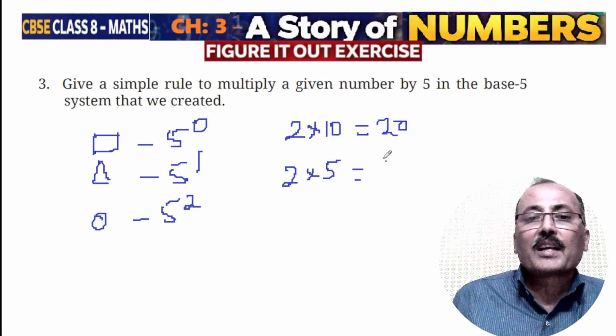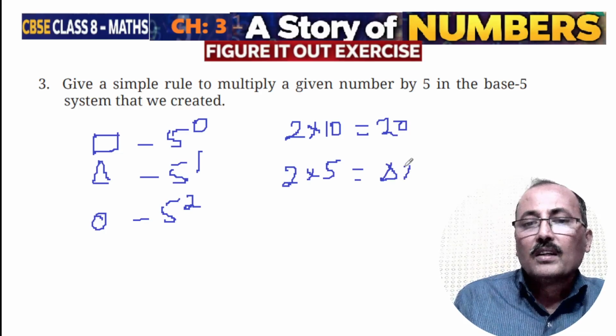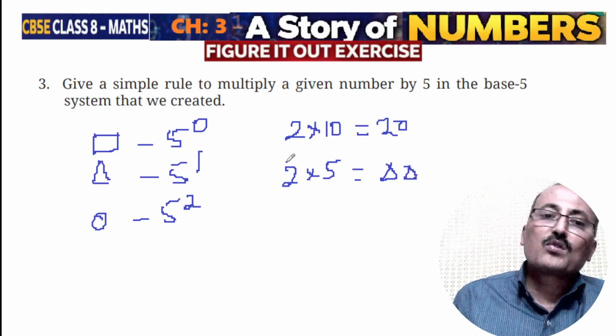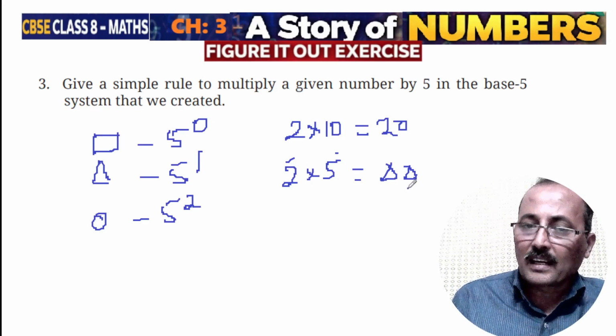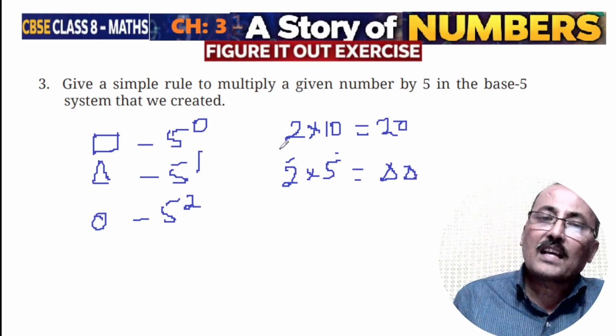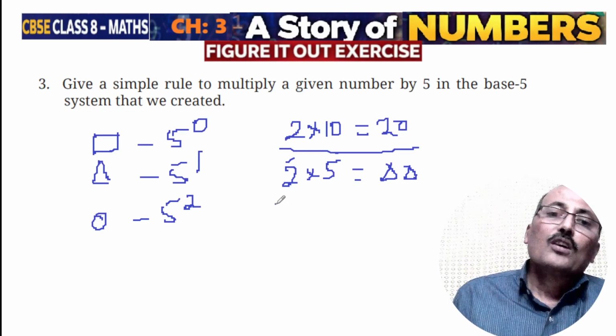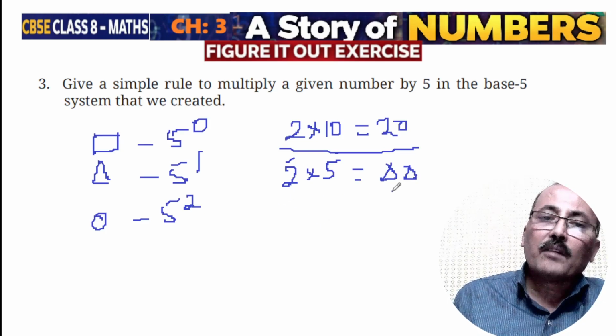Multiplied by 5, it is upgraded, and it will become this one: 2 fives, that means 2 will become 5. Now it is 10, no? 5 and 5, 10. Are you clear or not? So as 2 into 10 gives 20, 2 into 5 will become this.